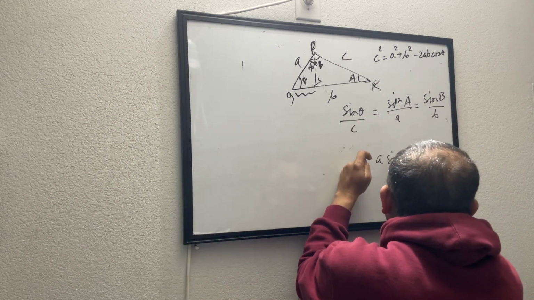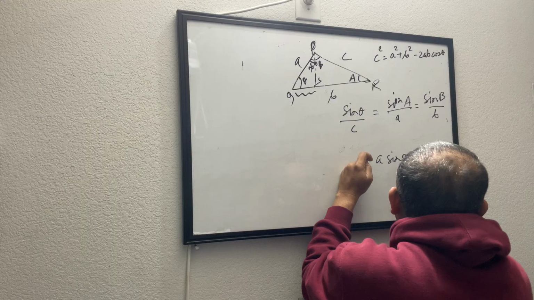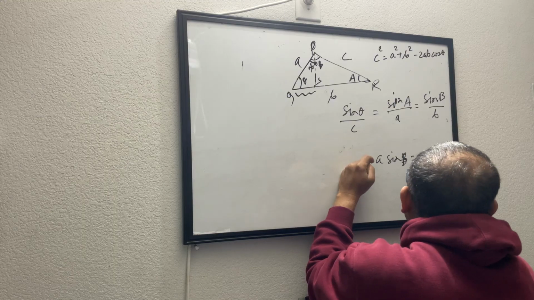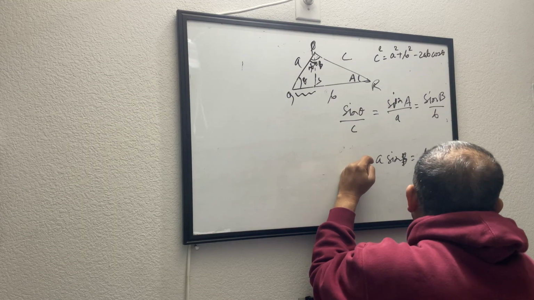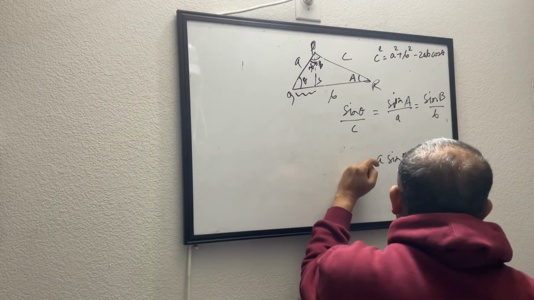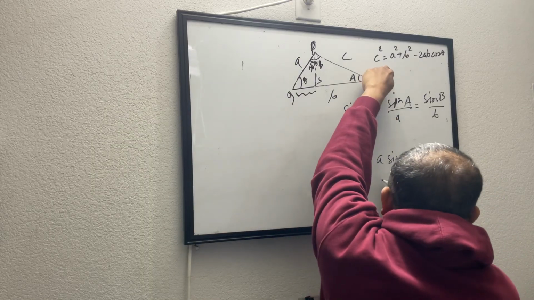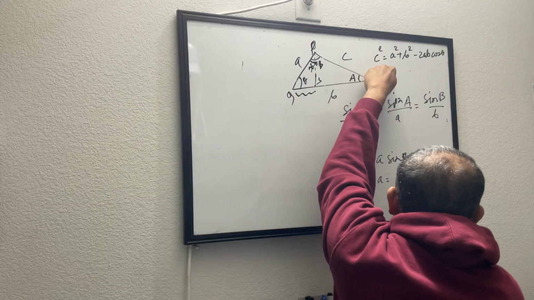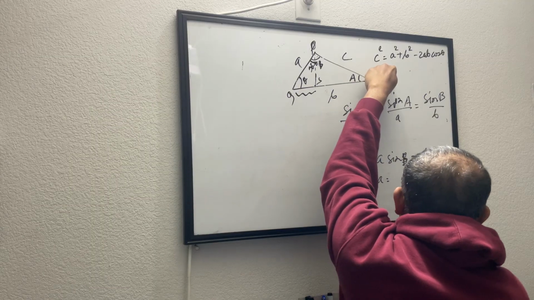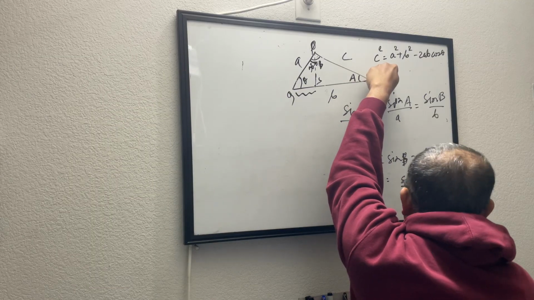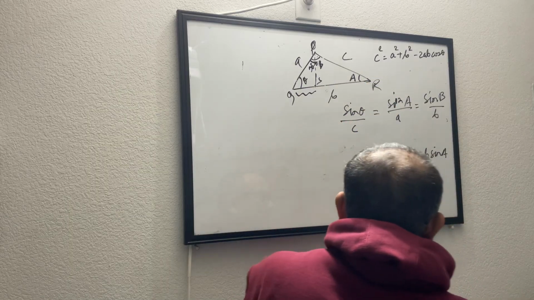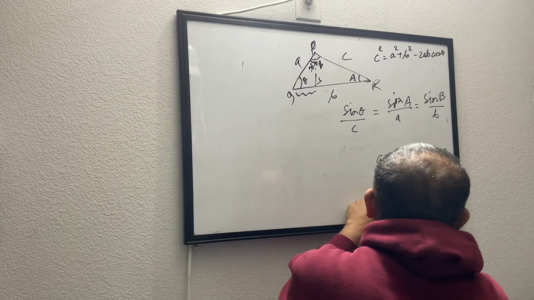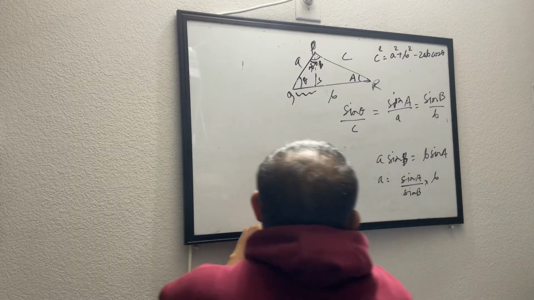A sine B equal to B sine A. So A will be equal to sine of A by sine of B times B.